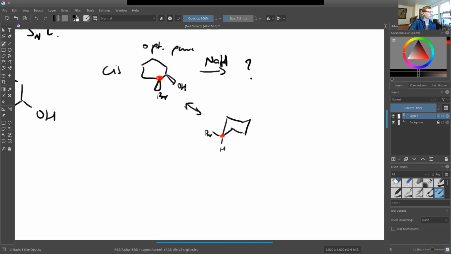If we're going around this way, that means that the oxygen is on, whoops, I wanted blue. Here we go. So this carbon corresponds to this one over here, the way that I've been drawing it. There's a hydrogen that's equatorial here, and then this OH is sticking up at the top.